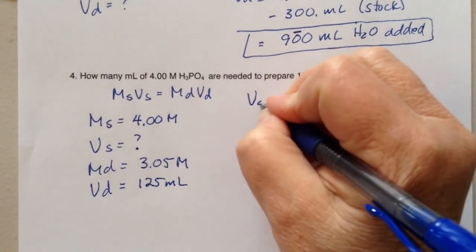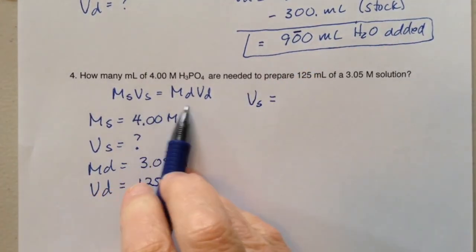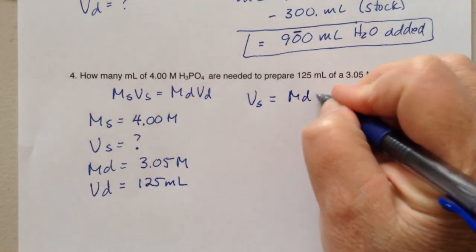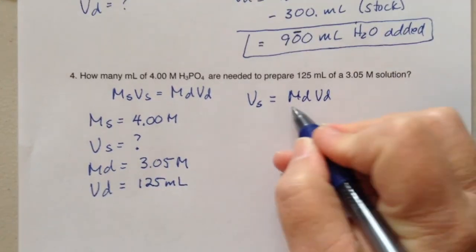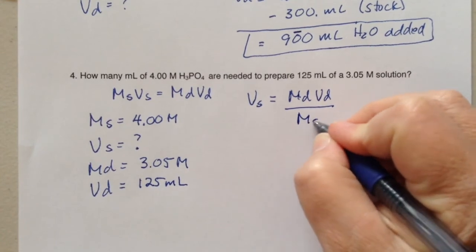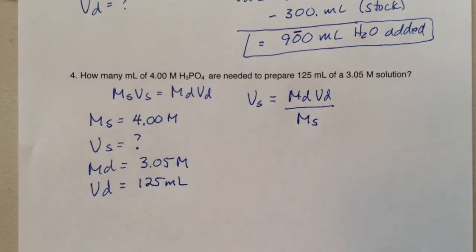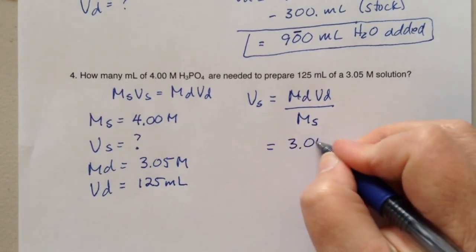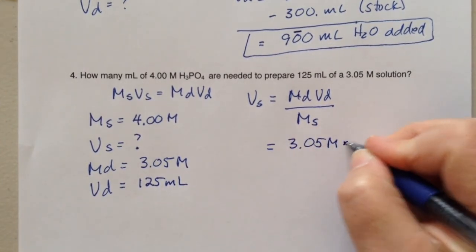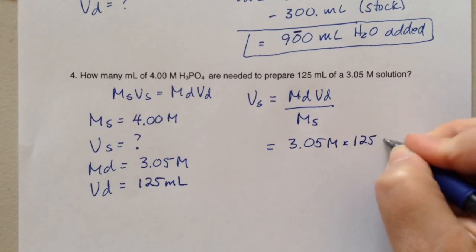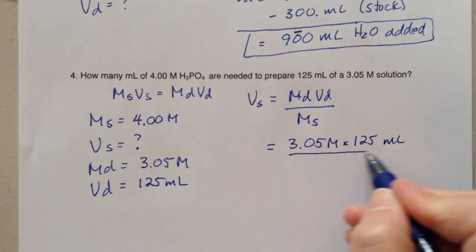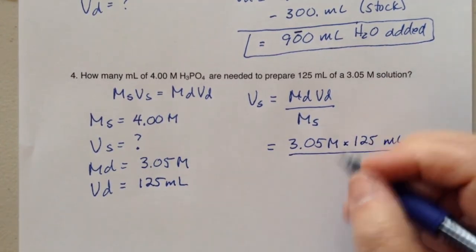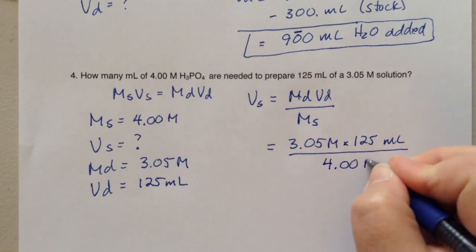So the VS, volume of the stock solution, is going to be MdVd divided by the molarity of the stock stuff. And now we just plug in the numbers. So 3.05 molar times 125 milliliters divided by 4.00 molar.